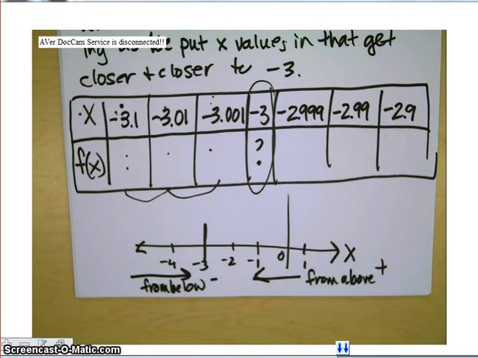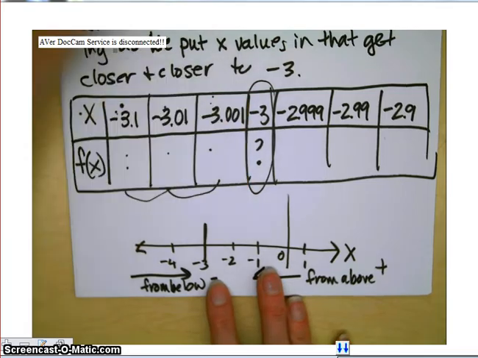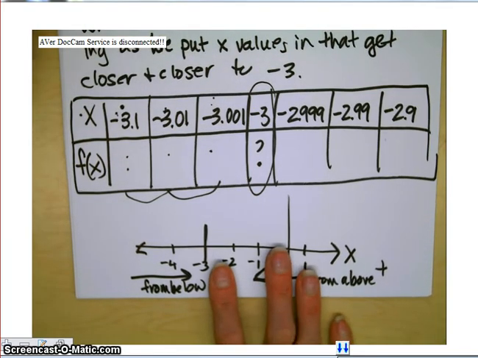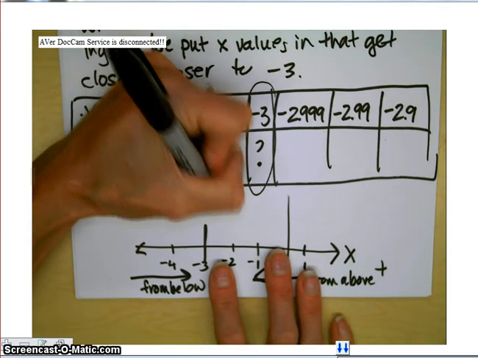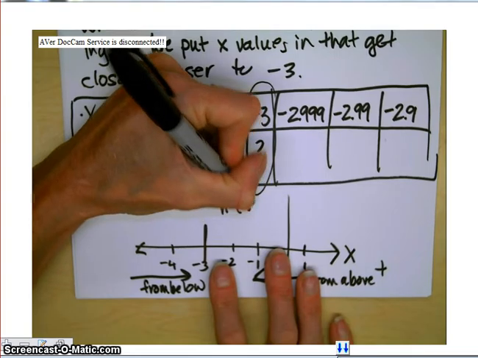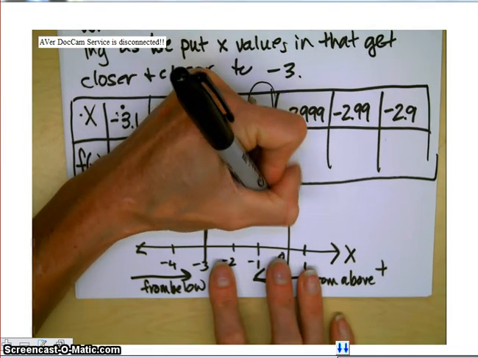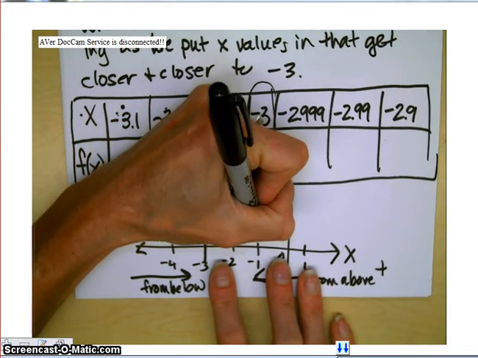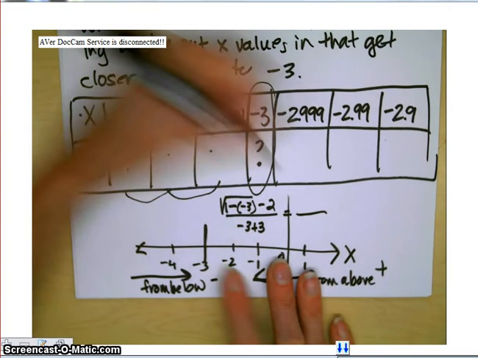But stop for a second. I'm going to put -3. I want you to pay attention to this, please. I'm going to put -3 in. Watch what happens. When I put -3 in, I get the square root of 1 minus a -3 minus 2, all over -3 plus 3. What do I get on the bottom? 0.